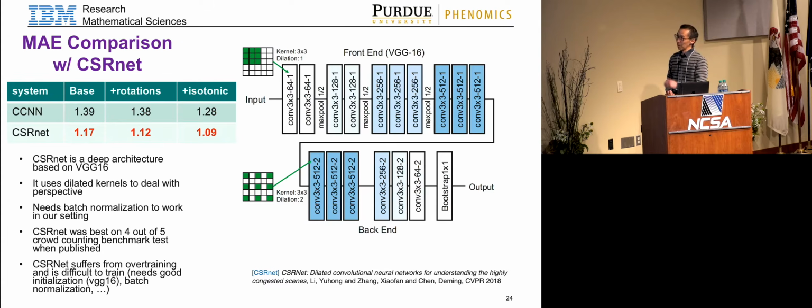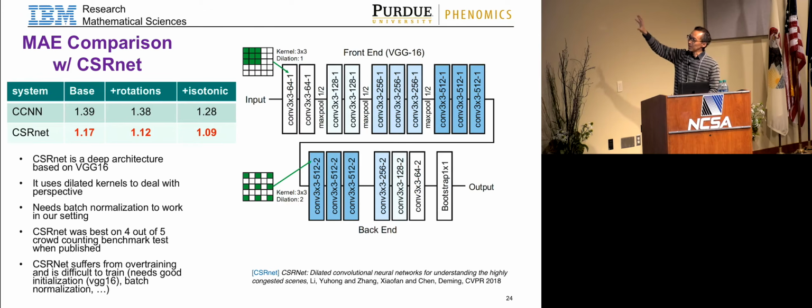The next thing that we compared with is called CSRNet. This is supposedly a cutting-edge, state-of-the-art deep learning architecture known in computer vision, where it's very deep, and this front end, which basically captures the features, has been trained with literally millions of image data.